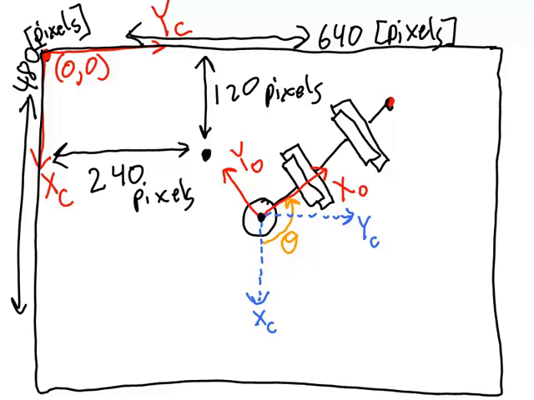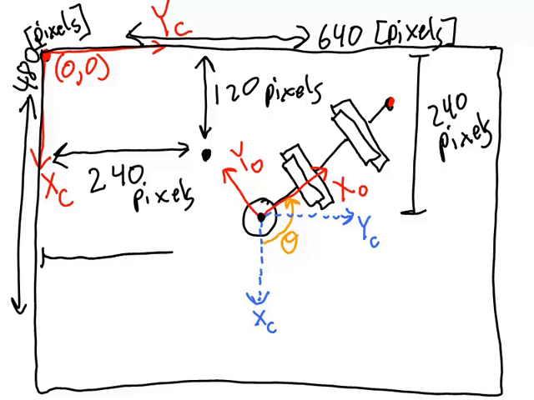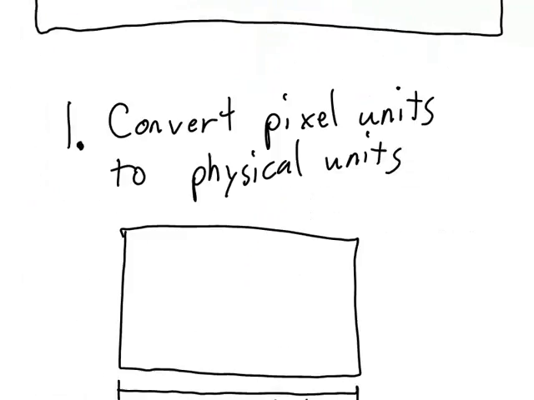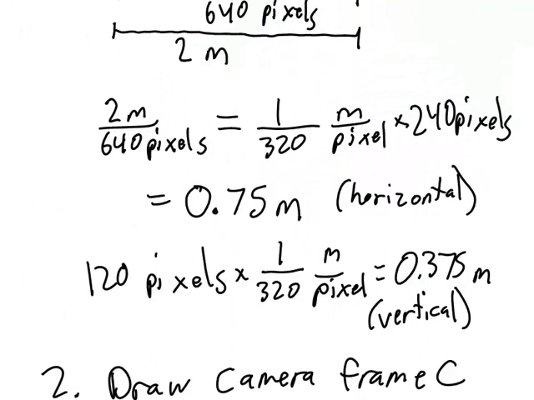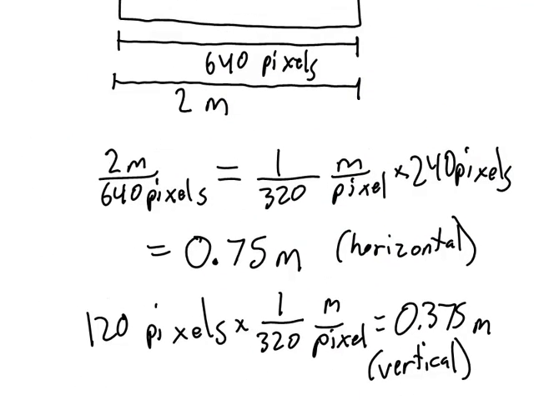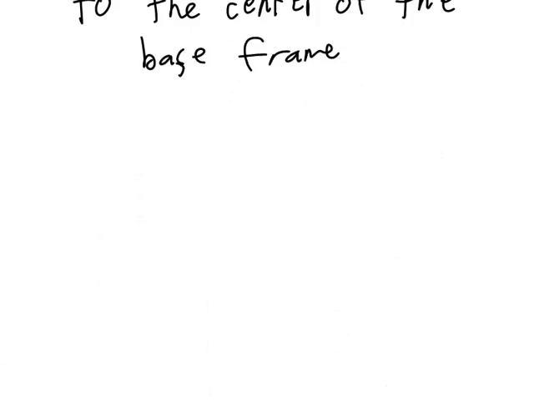Let's suppose that the center of the base frame is directly in the center of the image, so that the vertical displacement is 240 pixels and the horizontal displacement is 320 pixels. We can now take those numbers and convert them to physical units using the same pixel conversion factor 1/320 that we found previously.